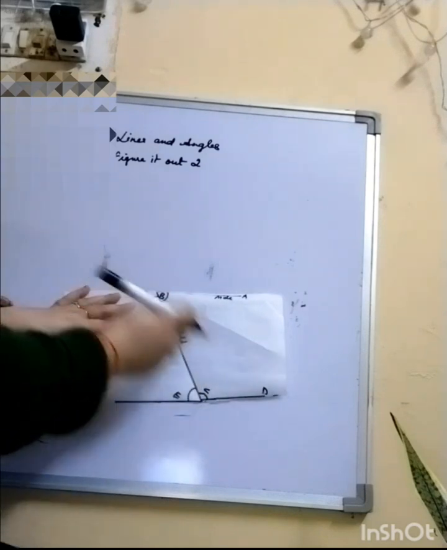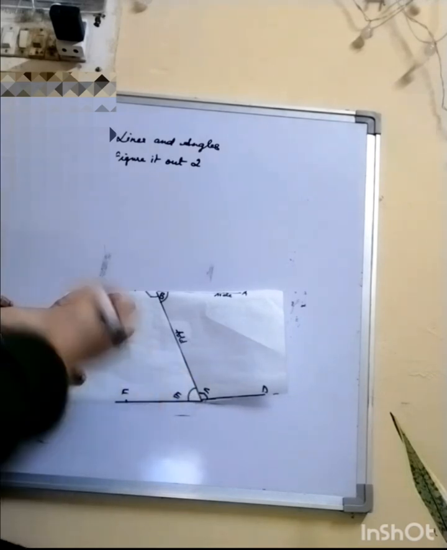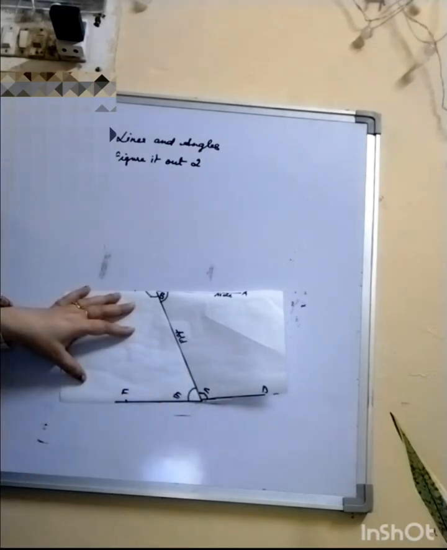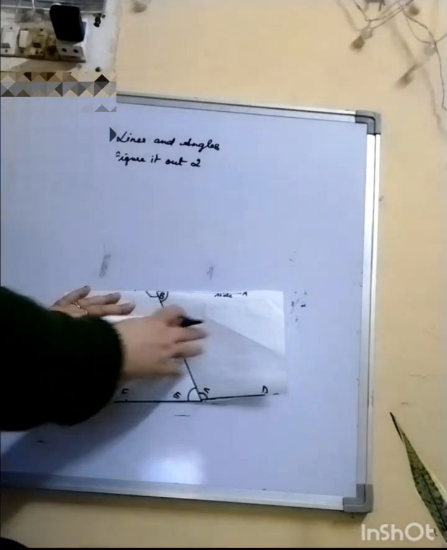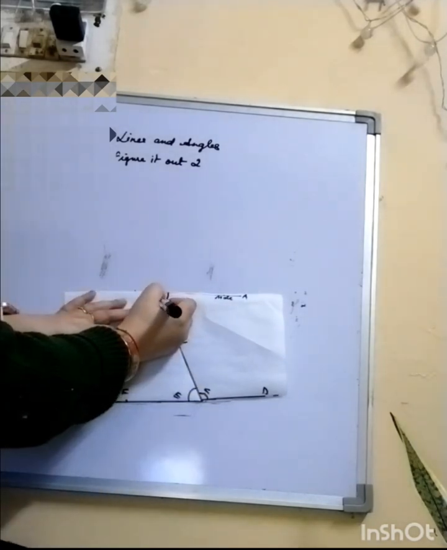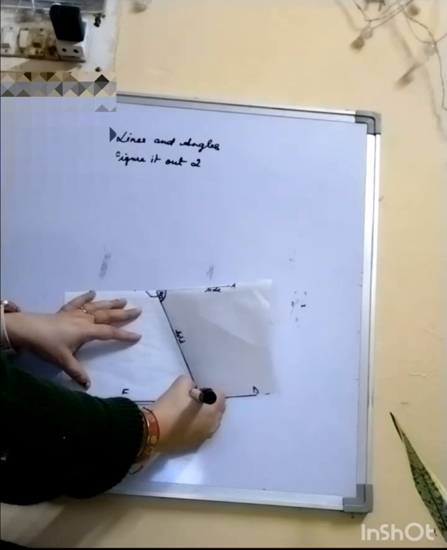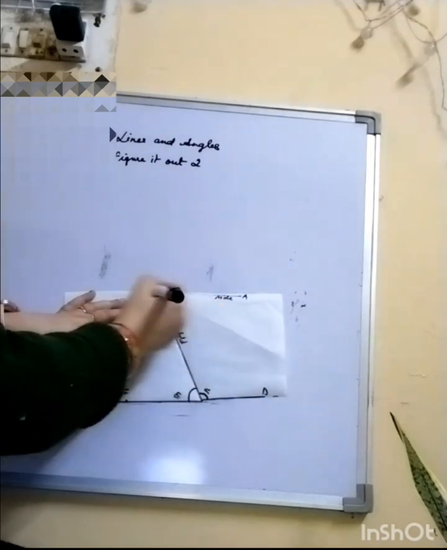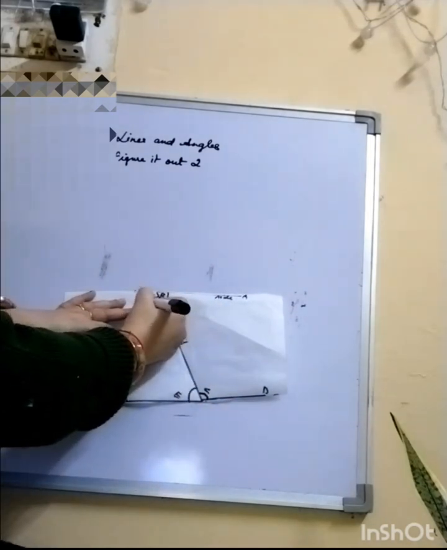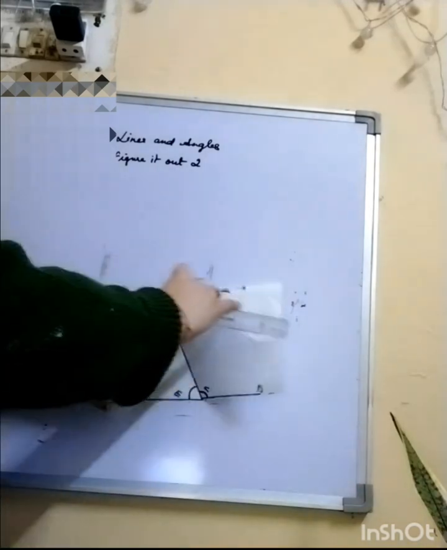You have to compare the angles along these fold and sides. Do you understand what we have to measure? We have to measure angle B, angle C, angle E, and here I can say angle G. So these are the angles that you have to compare.